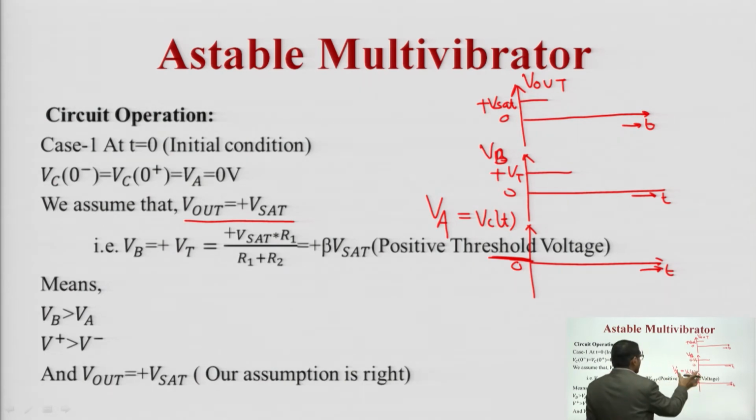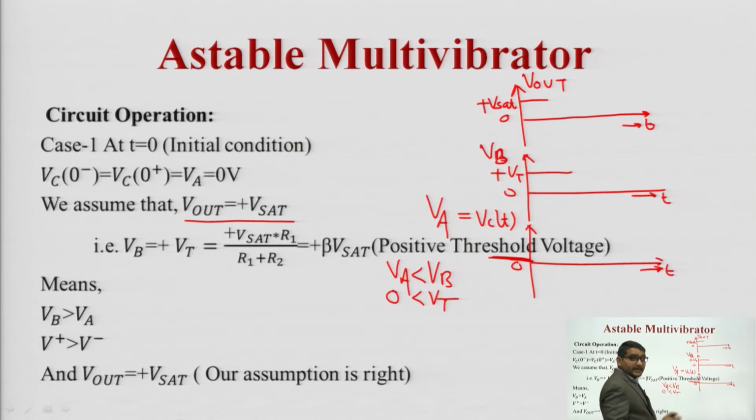If you compare from the waveform, then we clearly say that V_A is less than V_B. This is the 0 volt and this is the V_T. Definitely V_T is a positive value, so we can say that V_B is greater than V_A.